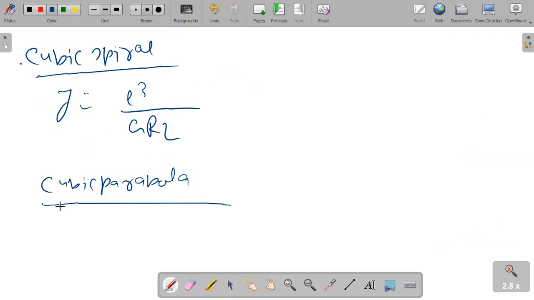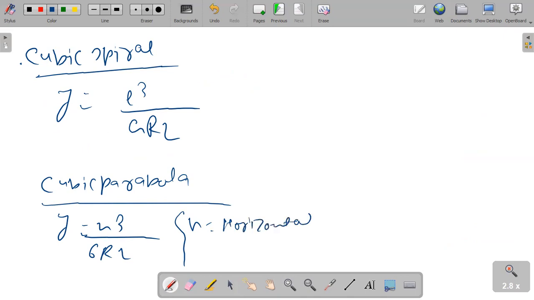For this we have the formula that y is equal to x cube upon 6RL, where x is the horizontal coordinate and y is the vertical coordinate.